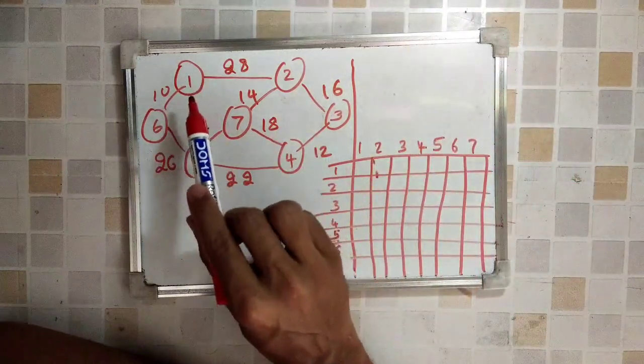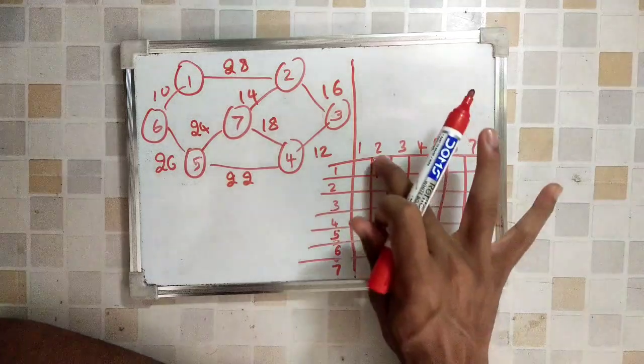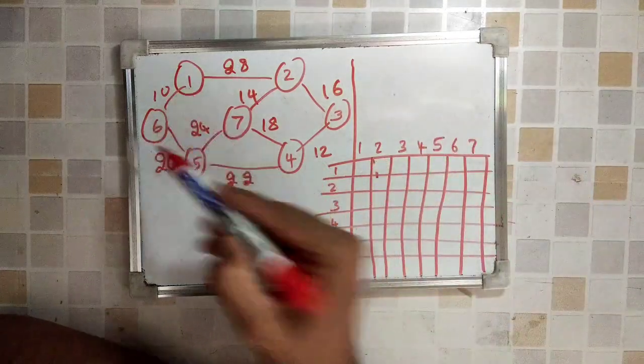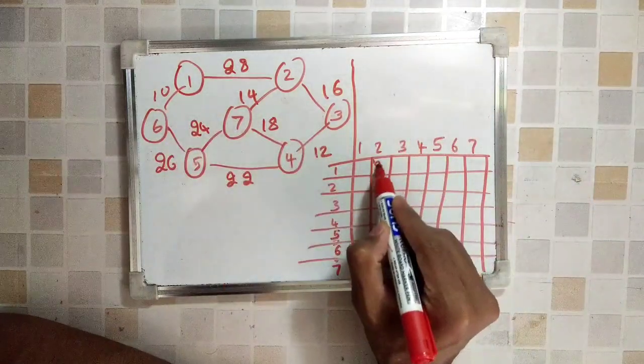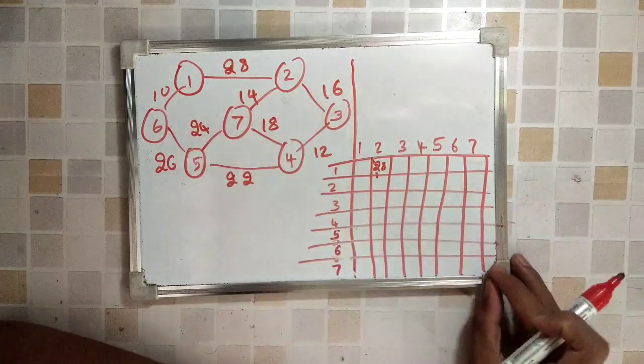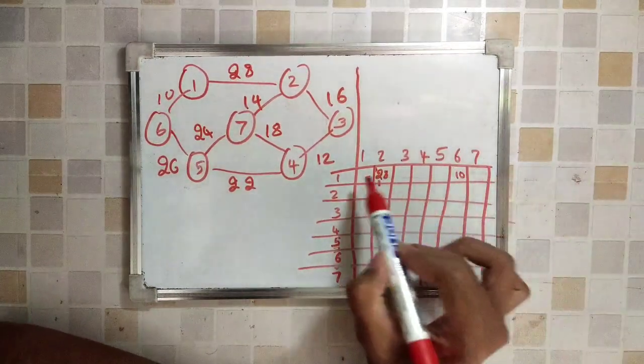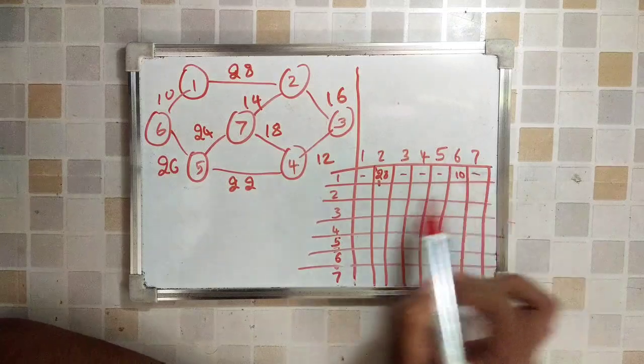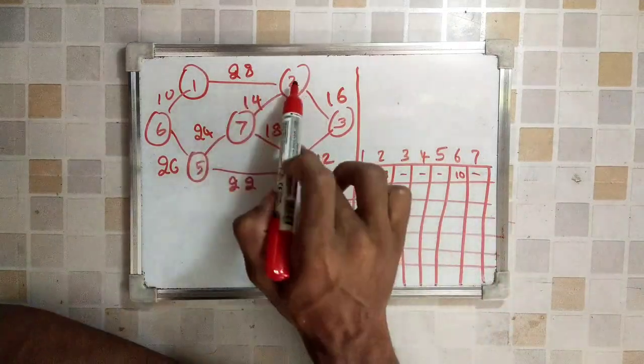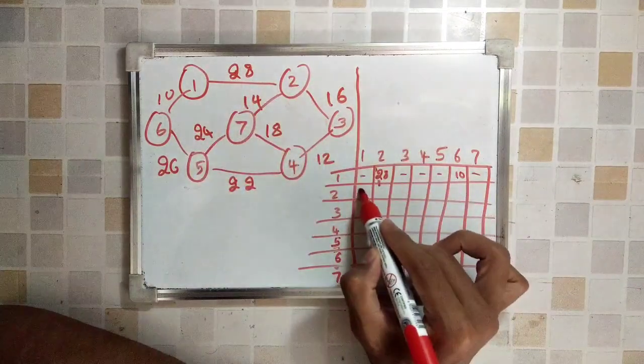Wherever we have a path, at that place we fill in the cost. So 1 to 2 I have 28, and then 1 to 6 it is 10. The remaining I don't have anything. Then node 2: 2 to 1 again 28.